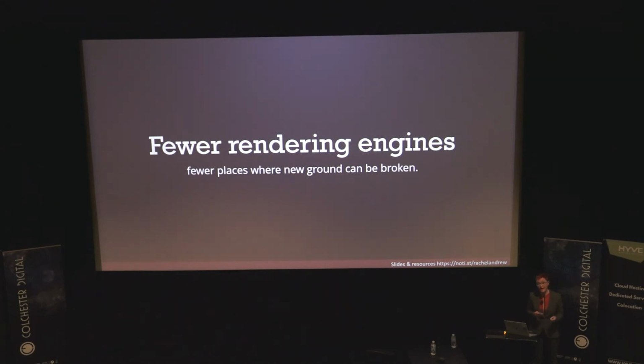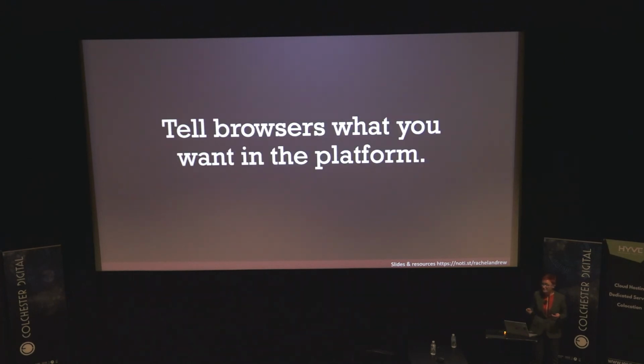And we do have influence. Web developers, regular people who build websites, have influence over what ends up in our browsers and the CSS that gets made at all. And so how do we actually tell browsers what we want to have in the platform?